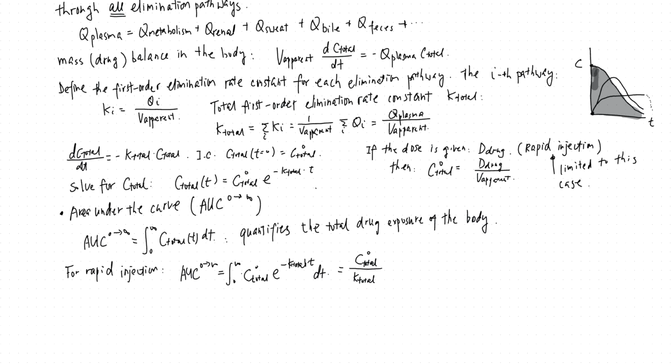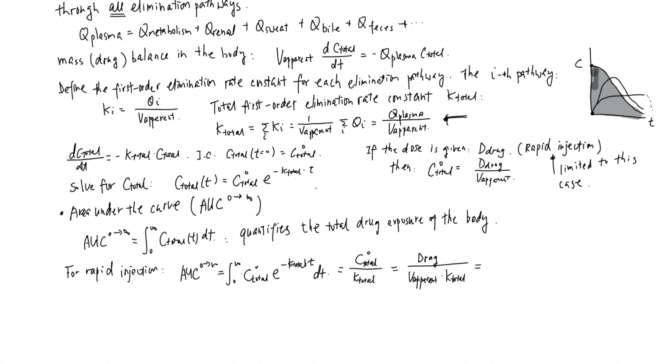Okay. Now let's replace C total zero with D drug. So we have D drug divided by V apparent multiplied by K total. Remember that we can express K total in terms of Q plasma and V apparent. So this is the equation that I'm referring to.